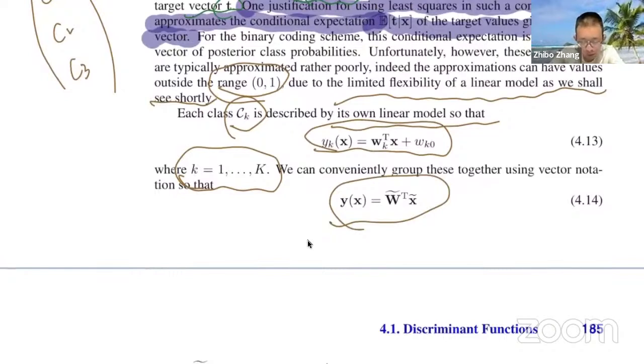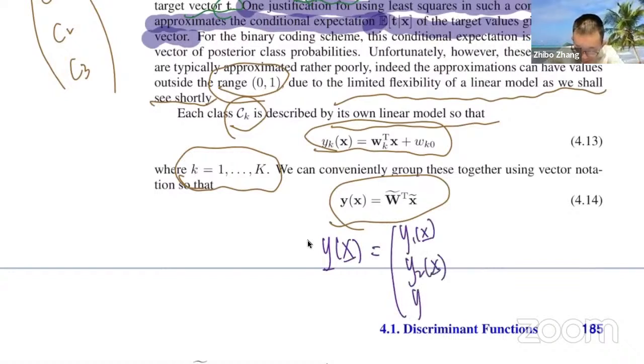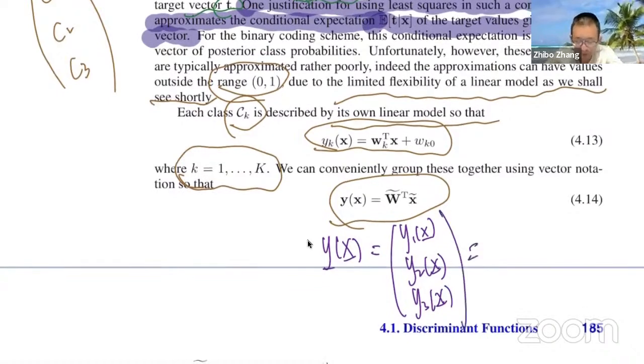So what it means is that every category has its own corresponding output scalar. If we put them together into a vector, then basically y(x) is equal to y1(x), y2(x), y3(x). Suppose it's a three-class classification problem, okay? And that basically corresponds to the representation on the right-hand side, right?